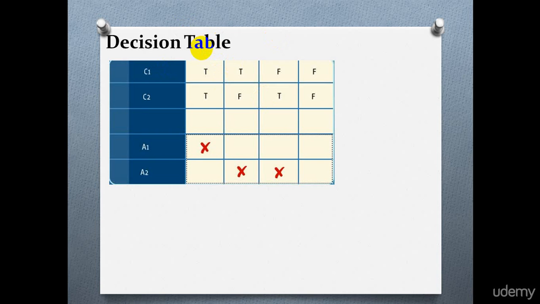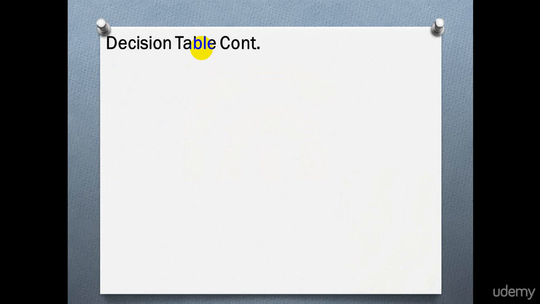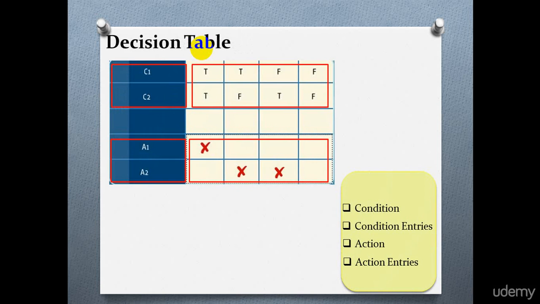A decision table usually contains 4 sections: condition, condition entries, action, and action entries. Here, conditions are activities that you perform in different combinations during test execution.